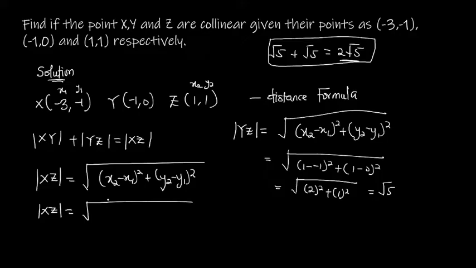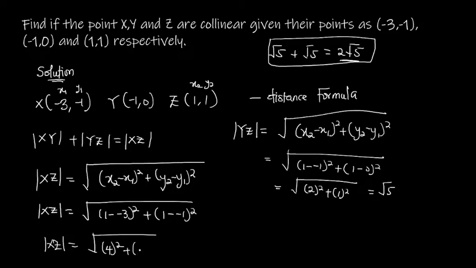So I have over here the root of x2, which is 1, minus x1, which is negative 3, squared, plus my y2, which is also 1, minus my y1, which is negative 1, squared. So the distance xz is equal to the root of 1 minus -3, that will give me 4, so 4 squared, plus 1 minus -1 will give me 2 squared. So I have over here 4 squared is 16 plus 2 squared is 4, and if I add this, this will give me root 20.